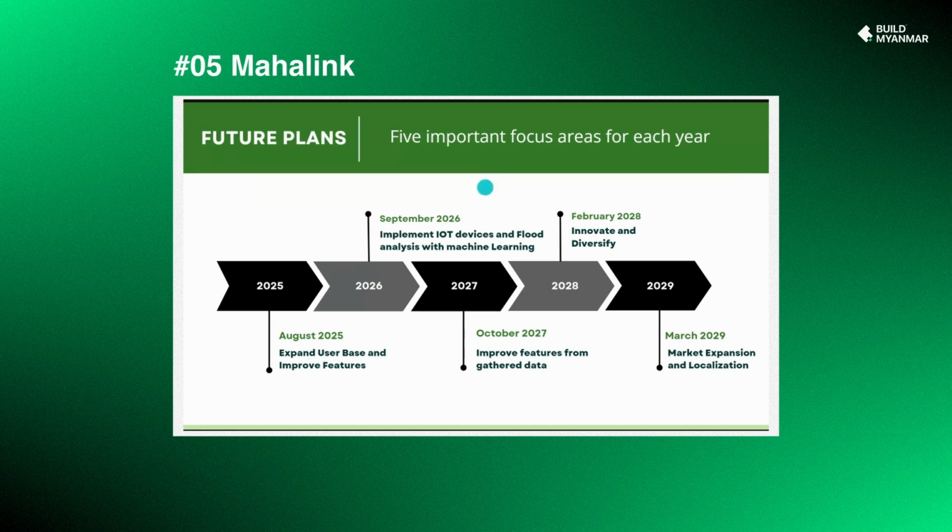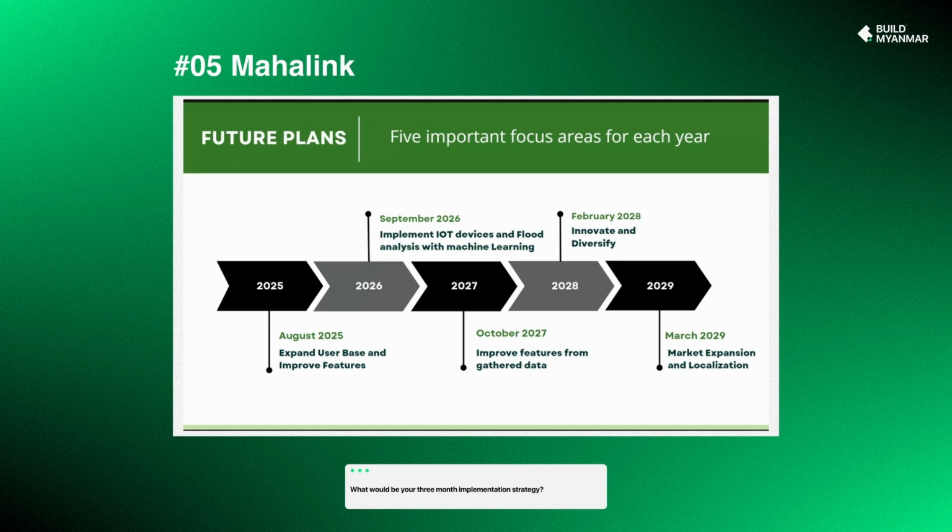What would be your 3-month implementation strategy? For the first month, I'd like to refine our product, our API, and also improve the performance issues, and the remaining months will be dedicated to improving our flood analysis model, because I believe the chat feature is already completed, and I think the chat feature is perfect.